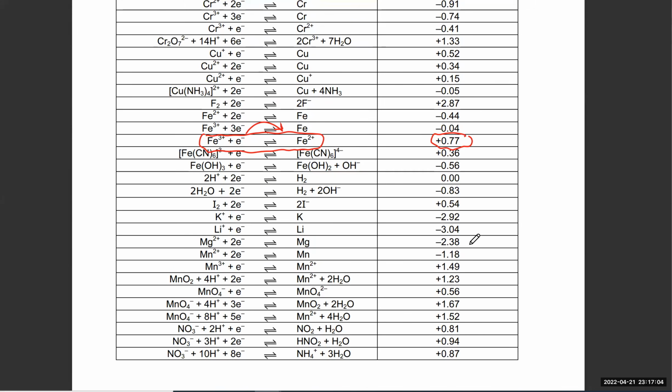But for Mn, remember this, there's a shortcut. Whenever you have MnO4 minus acidified, don't use the 1.67, although this is the higher potential and you'll be tempted to use that equation. Instead, without writing the middle steps, directly use the 1.52 volt equation.